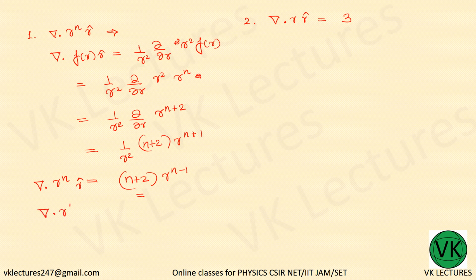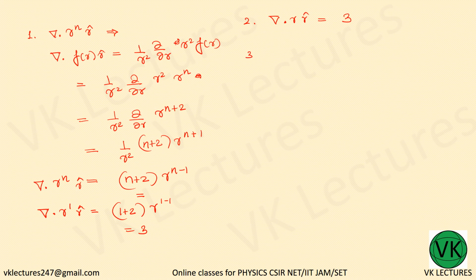Del dot r to the power 1 r cap, that will be equal to n plus 2, that is 1 plus 2 into r power n minus 1. So n is 1 minus 1, 0. So that's equal to 3. So del dot r, or del dot r into r cap, is equal to 3.